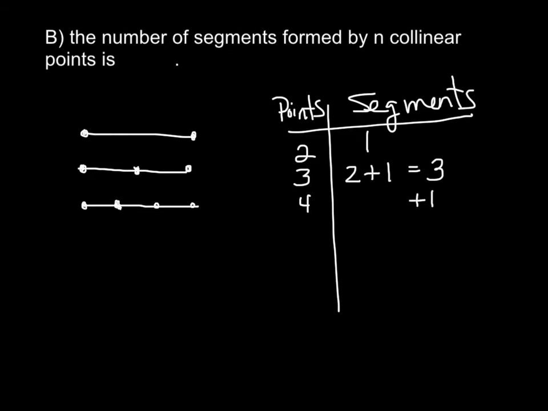I still have, looks like here, 1, 2. I still have my 2. Well then, I have 1, 2, 3. So I have one big one. I have this segment here. I have this segment here. And I have each of the 3 segments. So that gives me a total of 6.